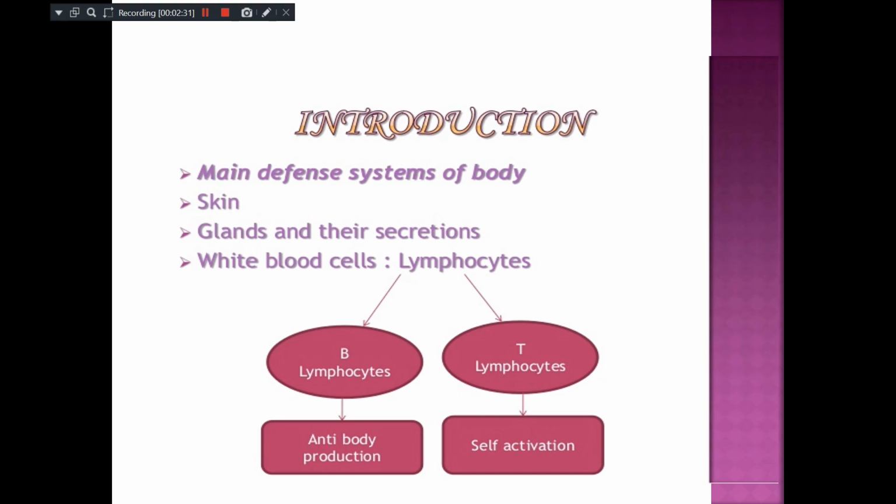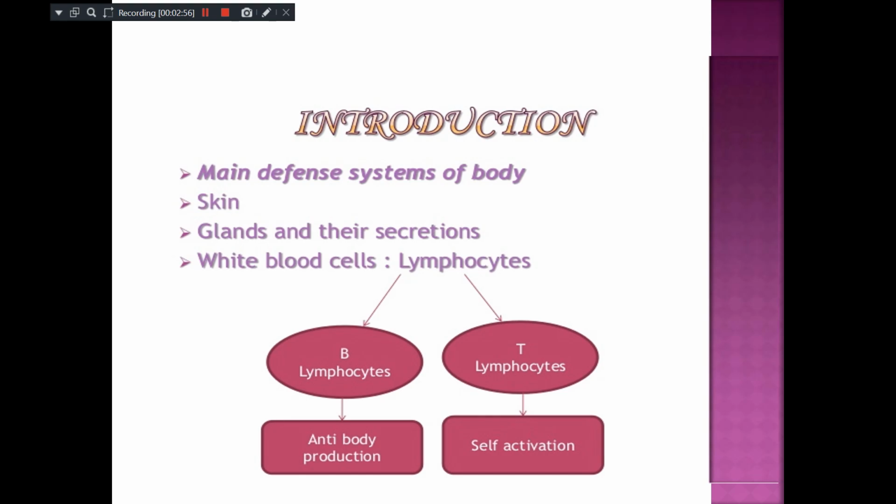After crossing either the skin or the effect of these glands and their secretions, suppose the pathogen enters our body. The white blood cells or leukocytes, popularly called lymphocytes, are responsible for tackling those pathogens which have gained entry into the body.